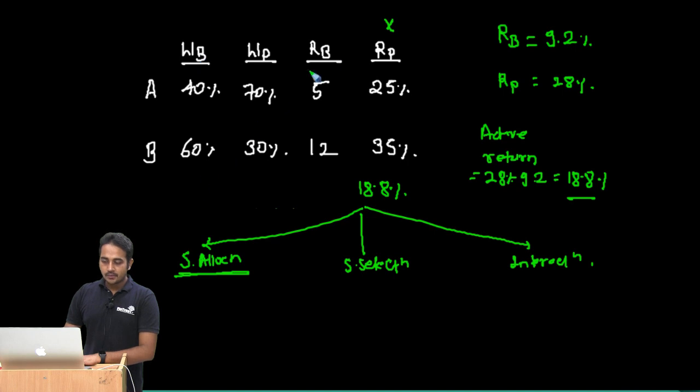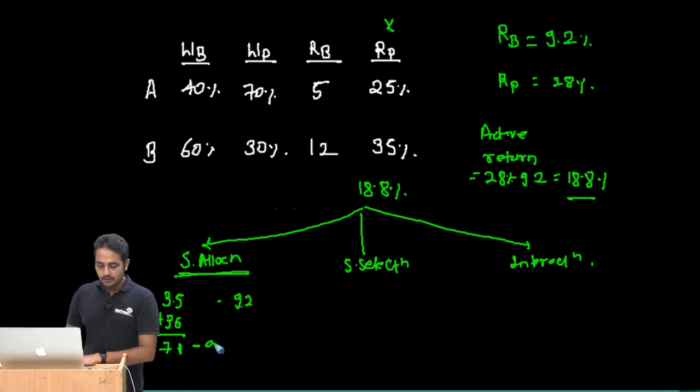So we just take the portfolio weights and the benchmark returns. We already have the return on the benchmark, that's 9.2. And the return on the portfolio, assuming security selection wasn't allowed, would be 70% into 5, that's 3.5, plus 30% into 12, that's 3.6, so total 7.1.